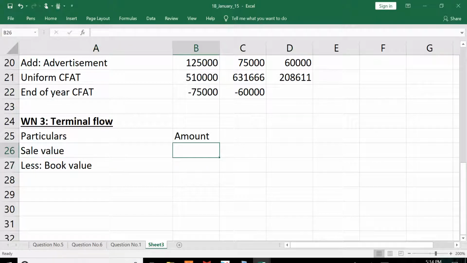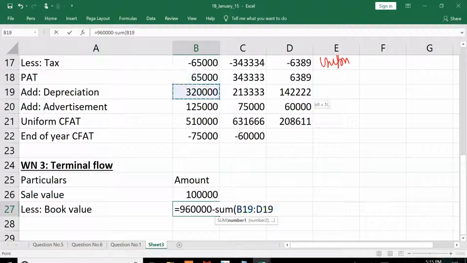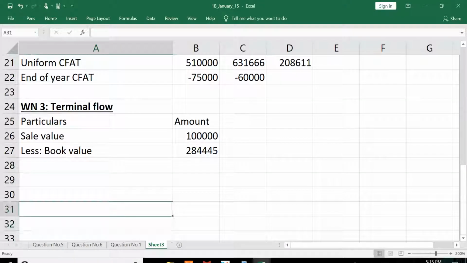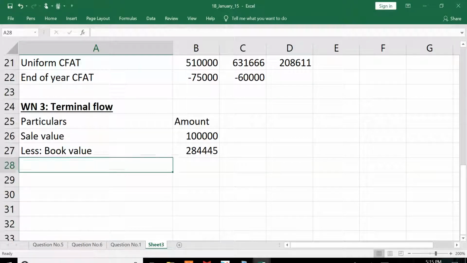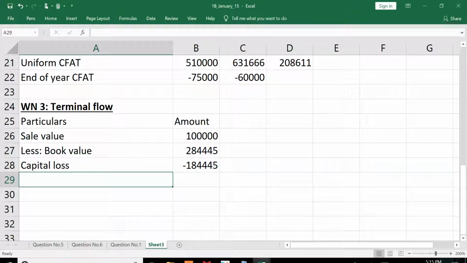What is the sale value? Sale value is 1 lakh. Okay. Book value? 2,84,473. That is 9,60,000 minus the depreciation for the 3 years. 284,445. Capital loss. Tax saved.